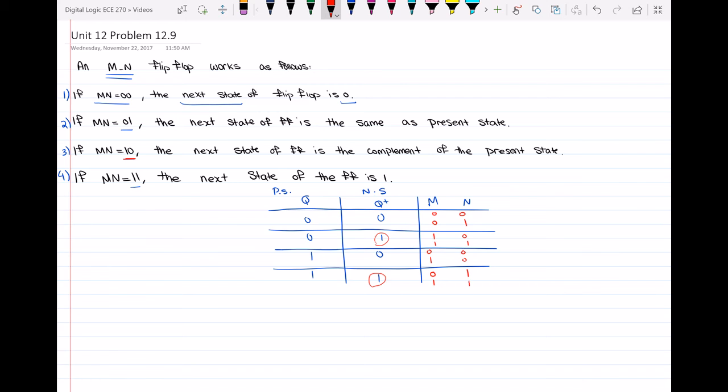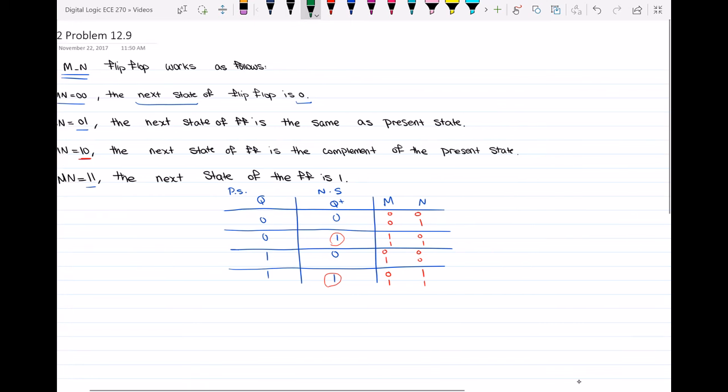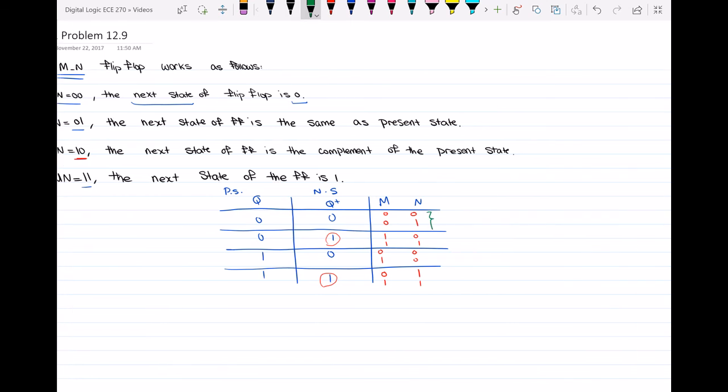Now you see that for each one of the states of the flip-flop, we had two possibilities for mn. And at the beginning, as I said, the question stated to use don't cares when possible. So what does that mean? For example, in this first row, we see that m is equal to 0 no matter what n is, right? So we can write this as 0x. In the second row, m is equal to 1 no matter what n is.